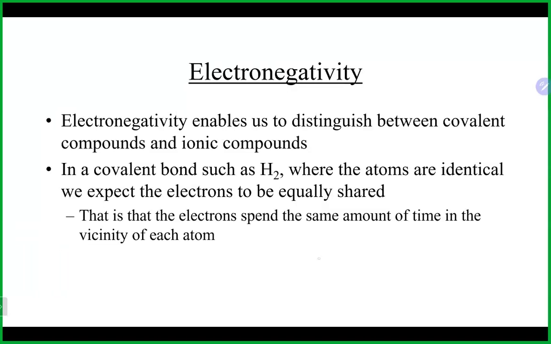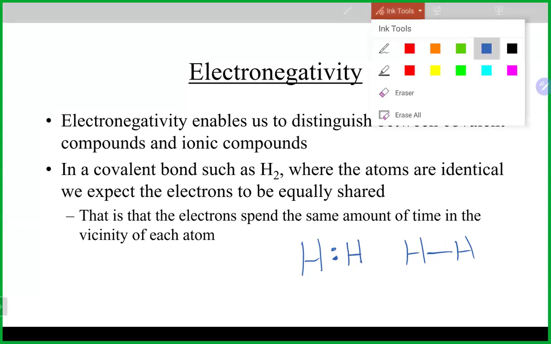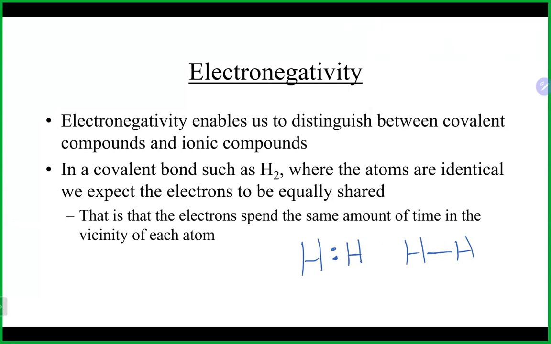So let's talk a little bit about that. If we had something like hydrogen, for example, and we have our hydrogens here sharing our electrons, in this case, because they are both hydrogen, the electrons are actually going to be shared equally. They're going to be pulled by each hydrogen center about the same.